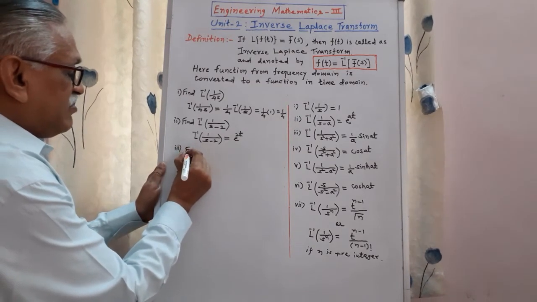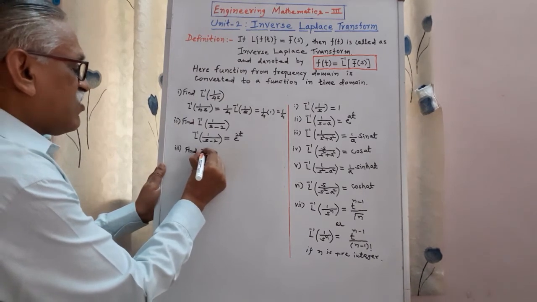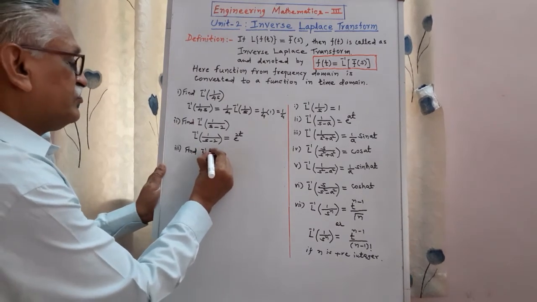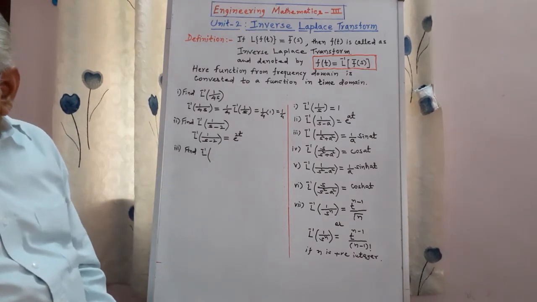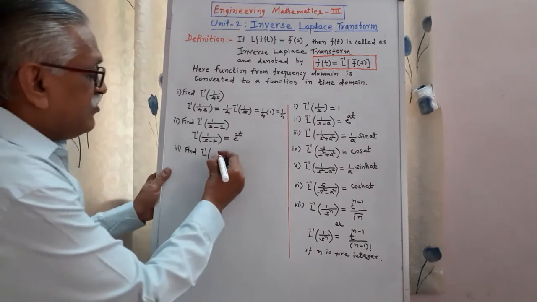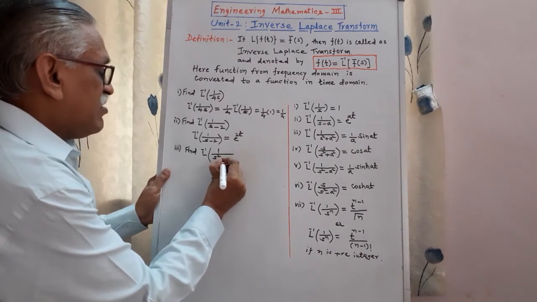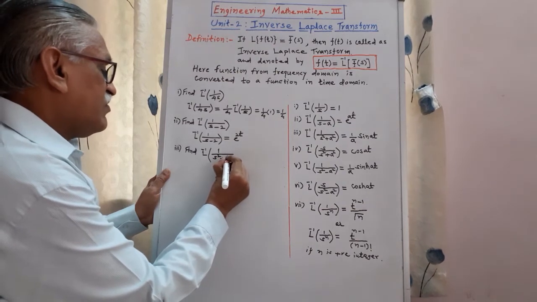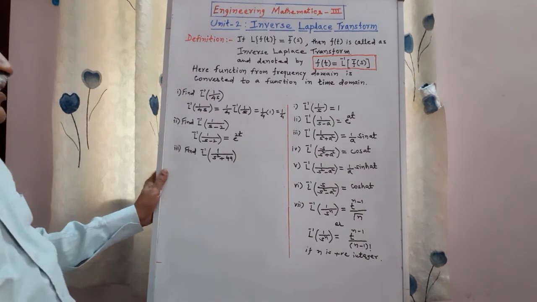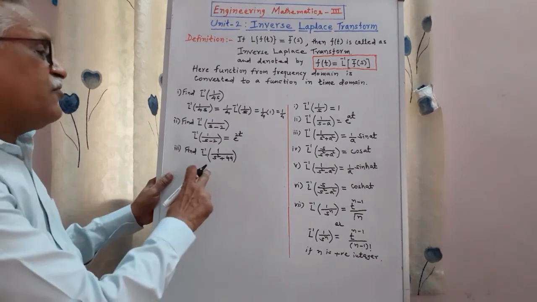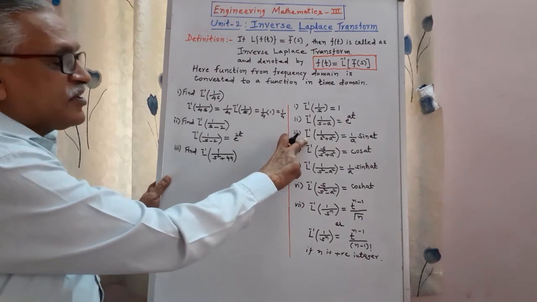Third, find inverse Laplace of 1 upon s square plus 49. That is 7 square. Therefore, to find this inverse, we have to take the help of this third result.